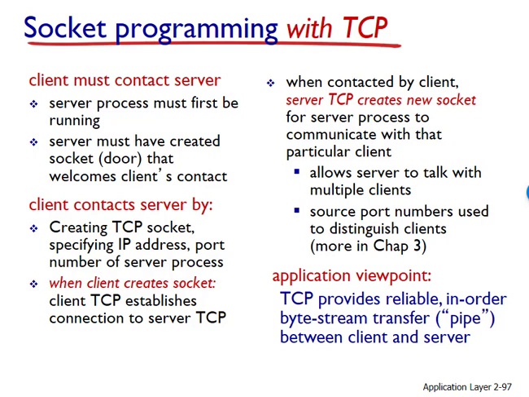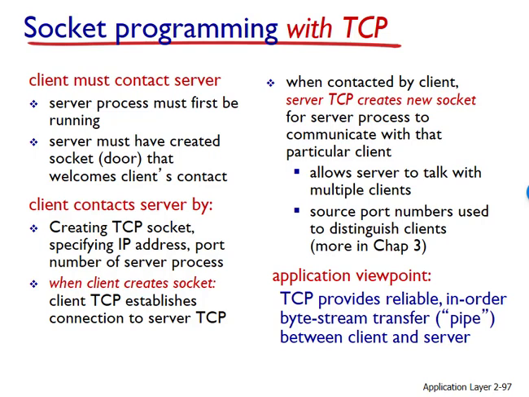From the application's perspective, the client socket and the server's connection socket are directly connected by a pipe. The client process can send arbitrary bytes into the socket, and TCP guarantees that the server process will receive, through the connection socket, each byte in the order that it's sent.